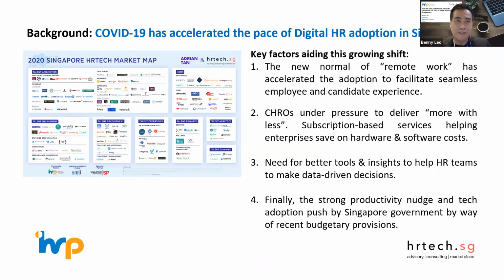Just like yourself, all of us here are working from home now. So there is remote working that we have to talk about, and the question now is, how do you reach them? Again, we are going to hear that from our panel of speakers. And all of us are under pressure to deliver in the shortest time, the fastest time, and reach the biggest audience. So that's what we're going to talk about.